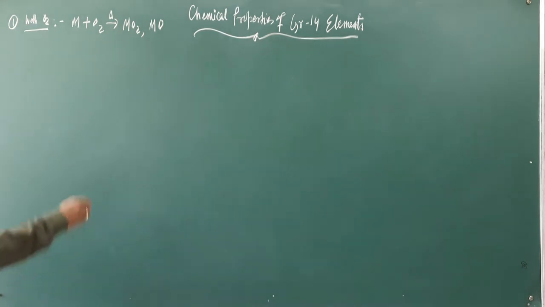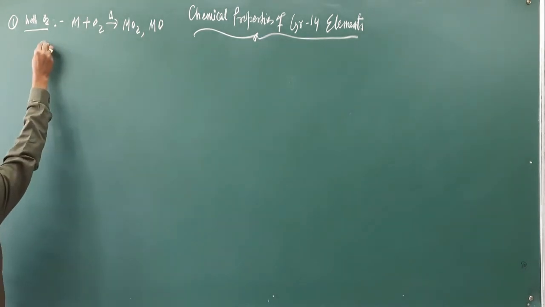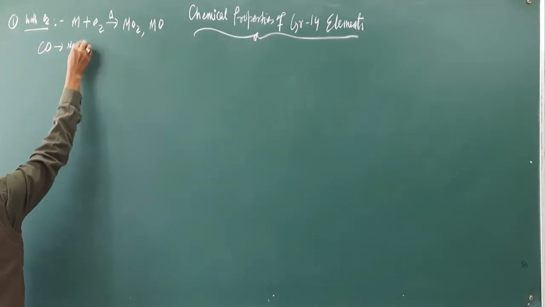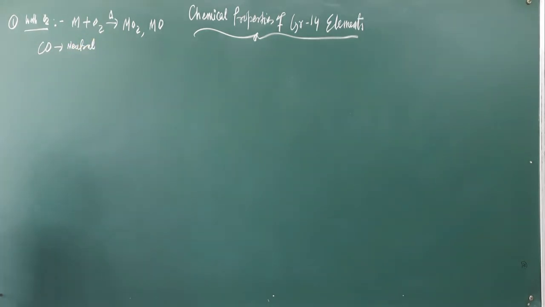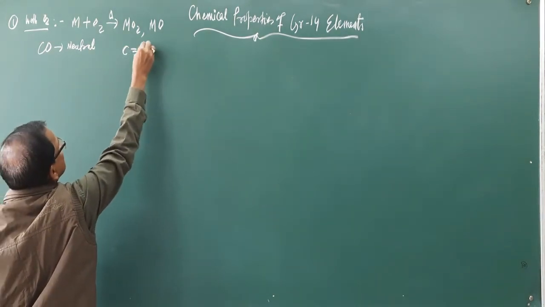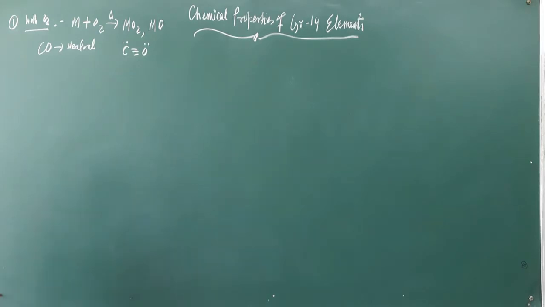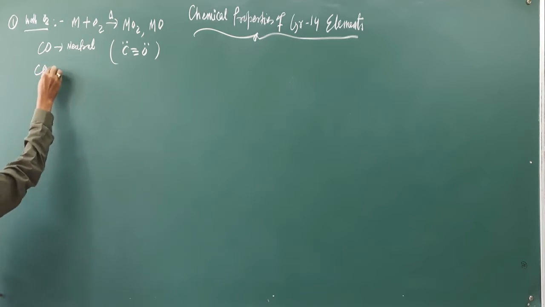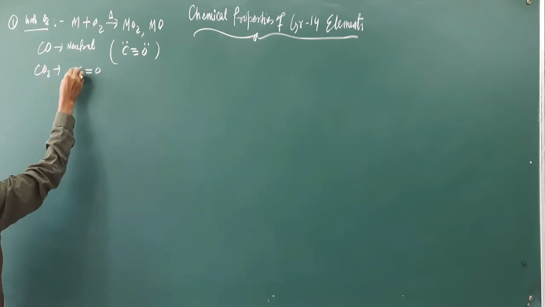For the MO oxide, for example, carbon monoxide is produced. It is neutral. Carbon monoxide is neutral, and this is the structure of carbon monoxide. Then the structure of the dioxide: carbon dioxide has a linear structure.